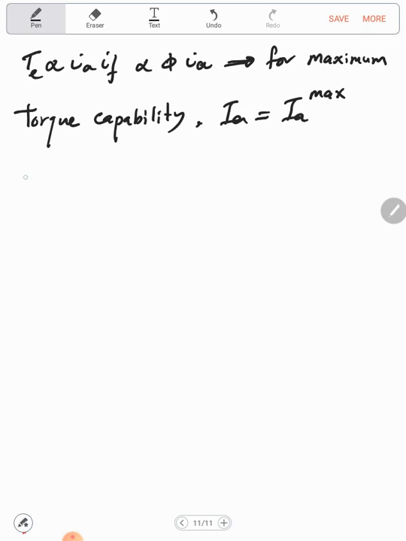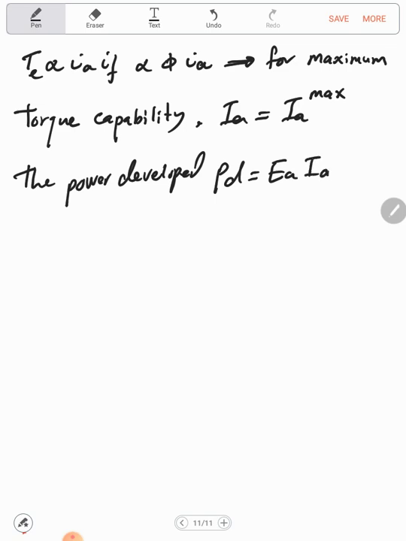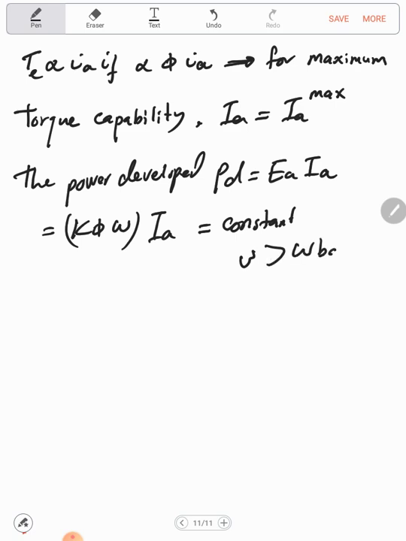And in principle, the power developed will equal EA multiplied by IA. So this will equal K phi omega multiplied by IA. This must be constant for omega greater than omega base.